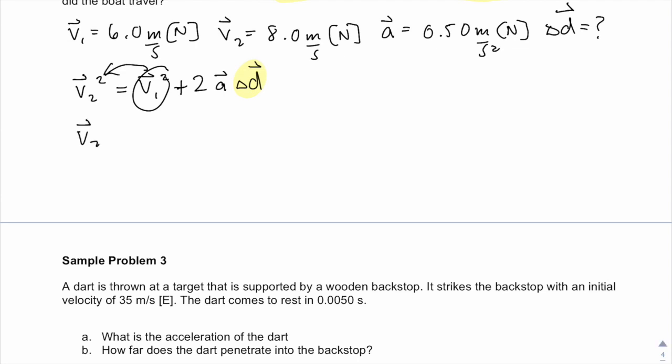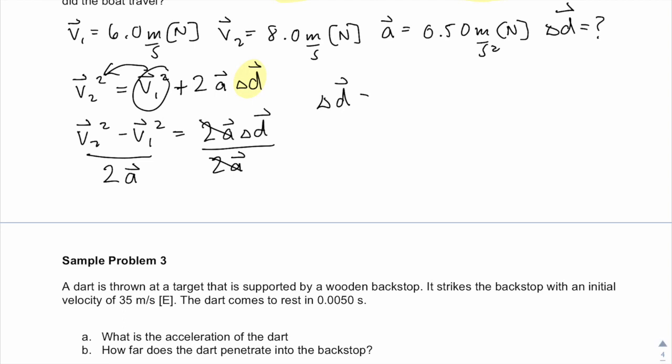When we do, it becomes negative. We are left with 2a delta d on the right side. Let's divide both sides by 2a, allowing these to cancel out. We are left with delta d is equal to v2 squared minus v1 squared over 2a. Now we can sub and solve.